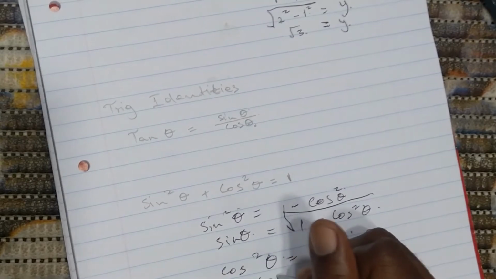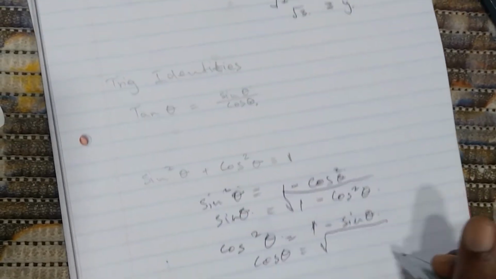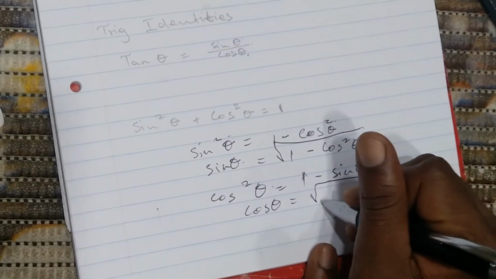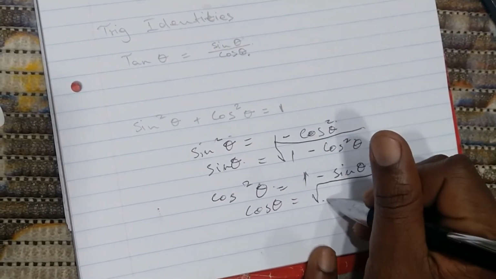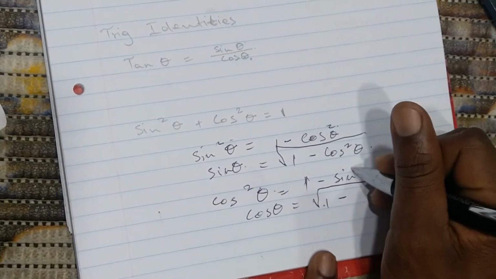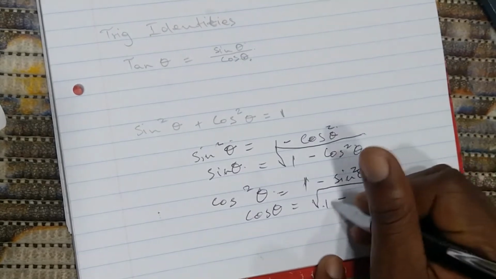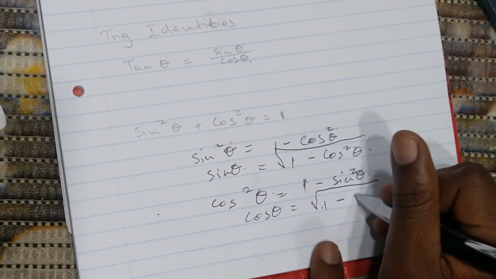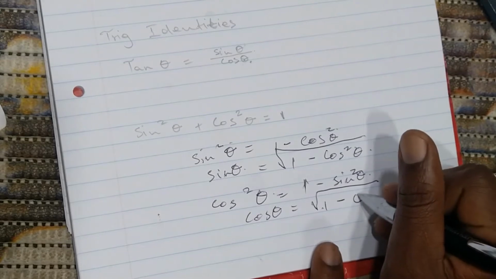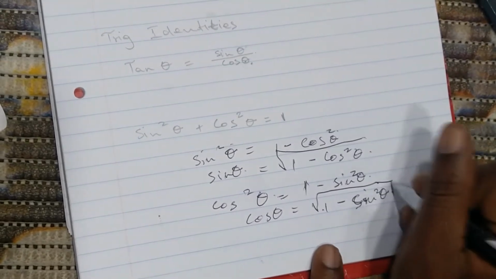And cos of theta is given by the square root of 1 minus, sorry, I made a little mistake here, 1 minus sine squared theta, right?